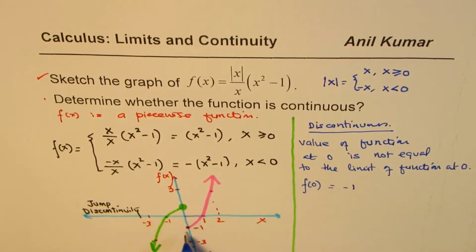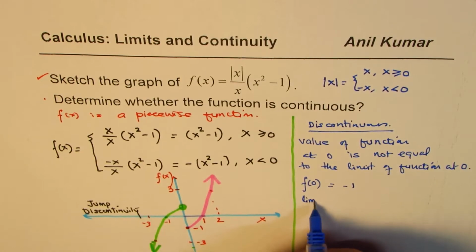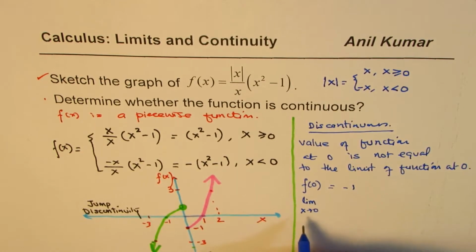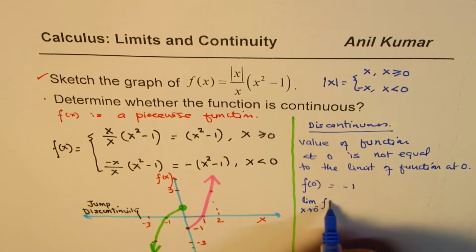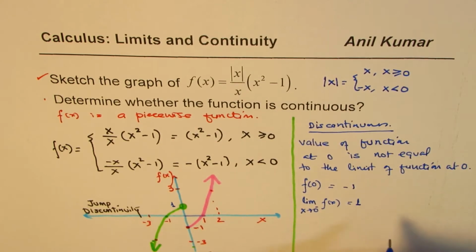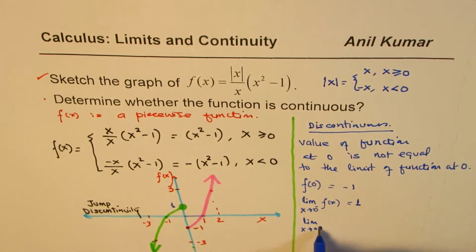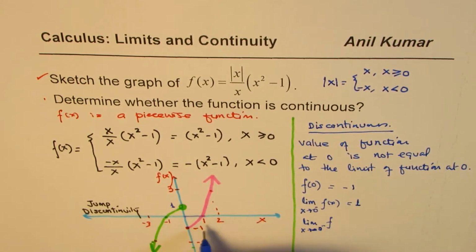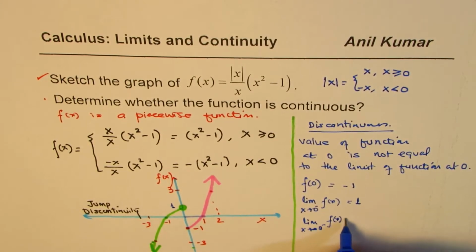Now what is the limit of the function at 0? So let's figure that out. The limit when x approaches 0 from the left side is +1, right? But the limit when x approaches 0 from the right side is -1, right?